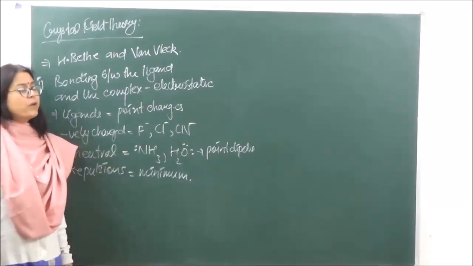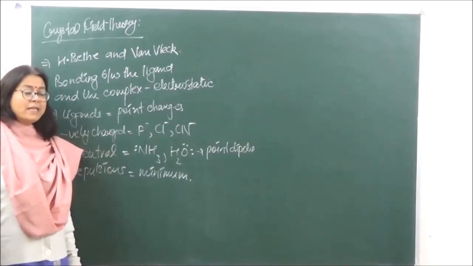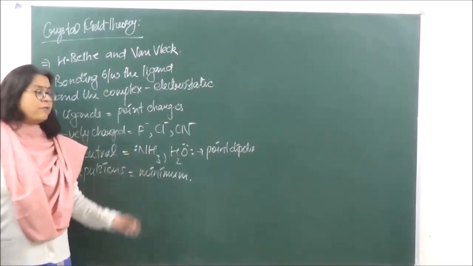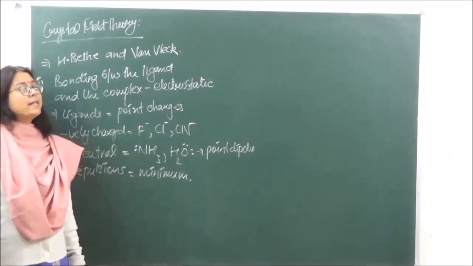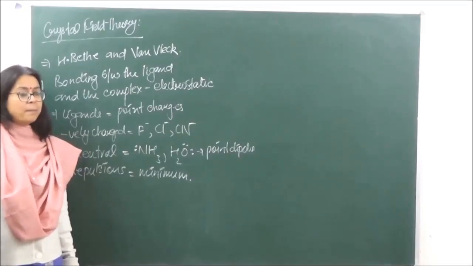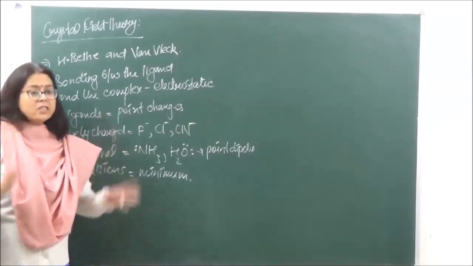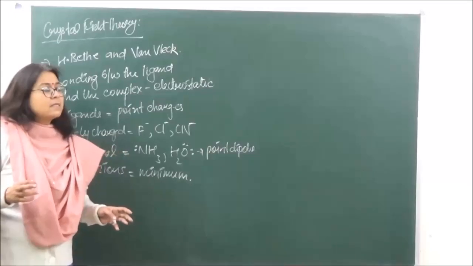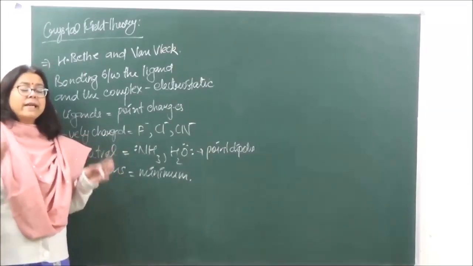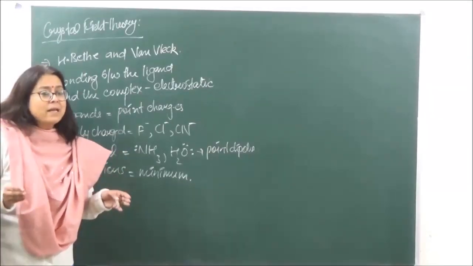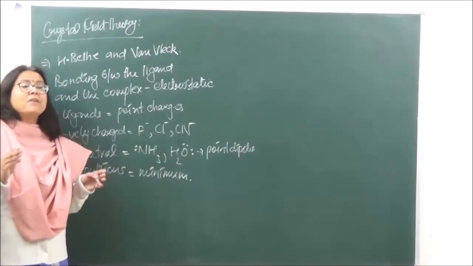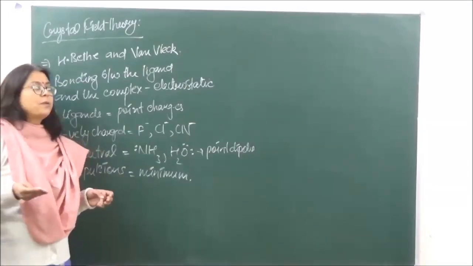All the ligands are negatively charged, or all have lone pairs of electrons. It is obvious that there will be repulsion. So in a coordination polyhedra, as we discussed earlier, the ligands place themselves in such a manner that the repulsion between them should be minimum.